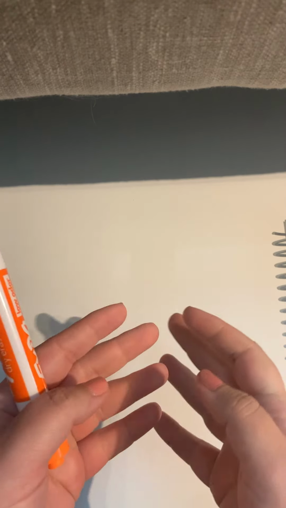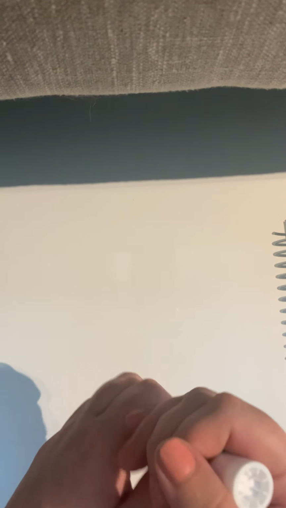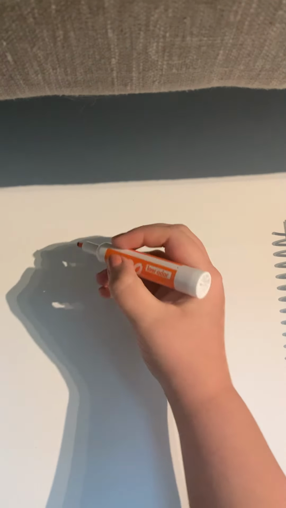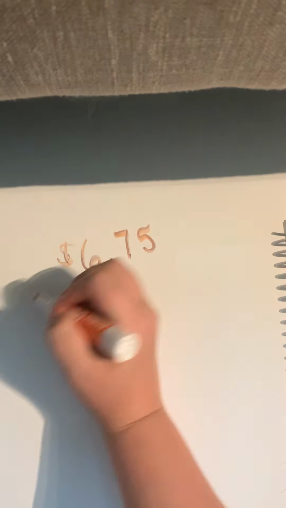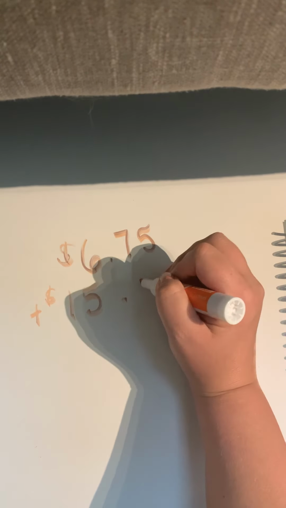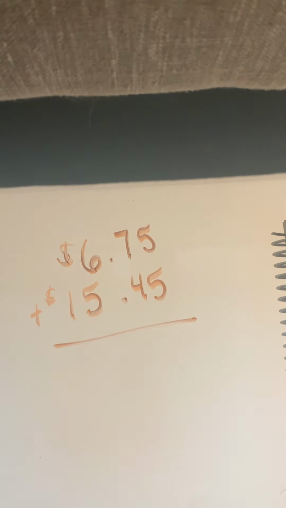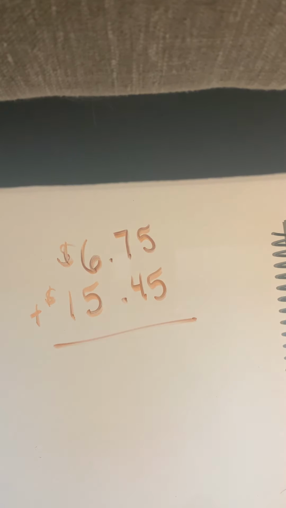Let me go ahead and tell you why estimating is important and what it is. Just as you have with whole numbers in the past, you can estimate the answers to problems involving decimals. So like I said, if you have $6.75 plus $15.45, I'm going to round to the nearest dollar, just like we did with my apples and my milk.